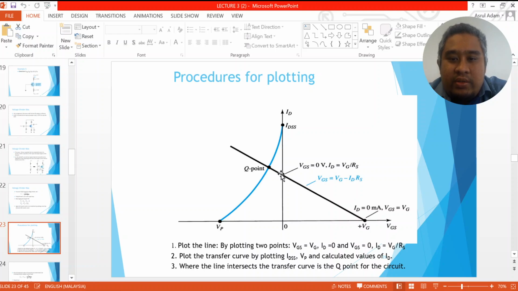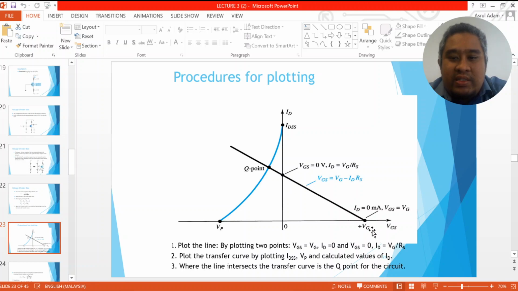Then the second point: when we apply VGS equal to 0 volt, by using this equation, ID equals VG over RS. This VG we just found by using the voltage divider rule, and we already know the value of RS, so we can find the value of ID here. So we can plot the second point here.